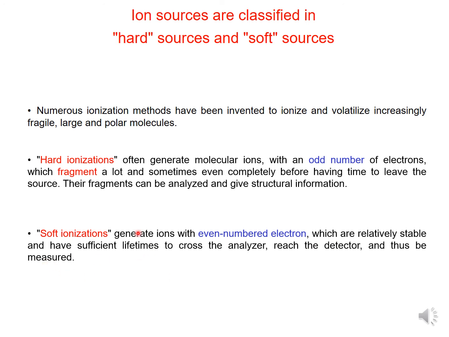It means that in that soft ionization, you perform the ionization of your compound without fragmentation, and then you see only the molecular peak of your compound. So you have to choose between these two ionization modes to perform the analysis of your molecules. And the choice of this source is based on the molecules you have to analyze.